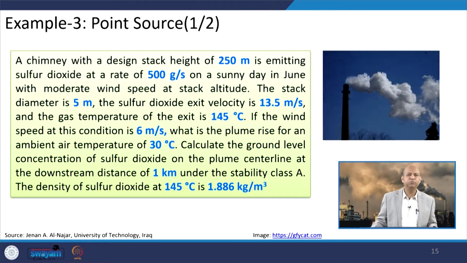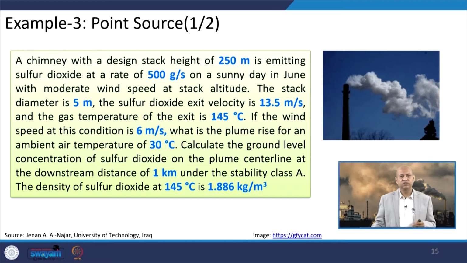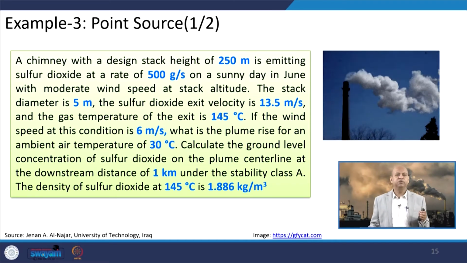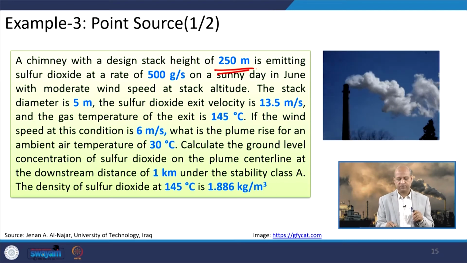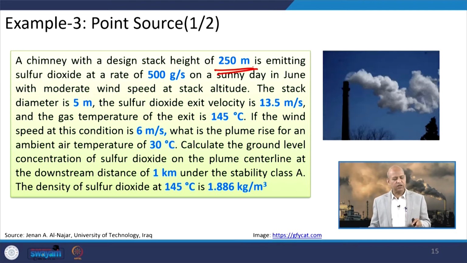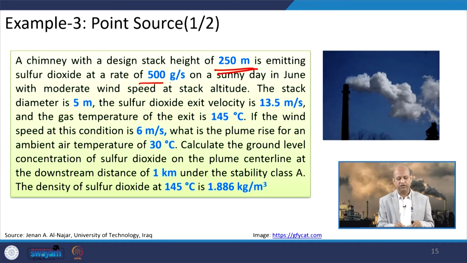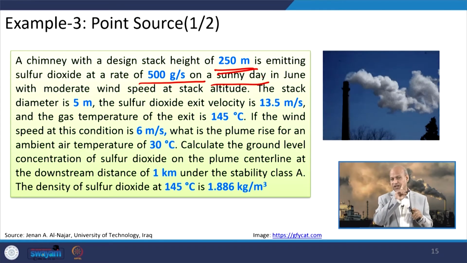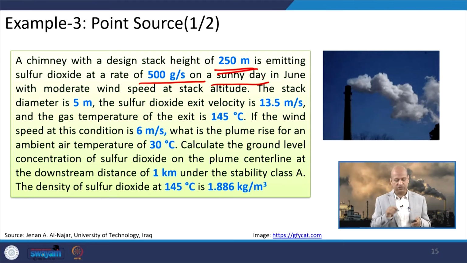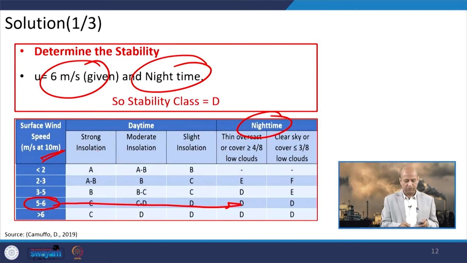Now, the next example is of another point source. There is a chimney with a design stack height of 250 meter, emitting sulfur dioxide at a rate of 500 gram per second on a sunny day. Again, for that table, remember the night and insolation conditions, let me show you this table.